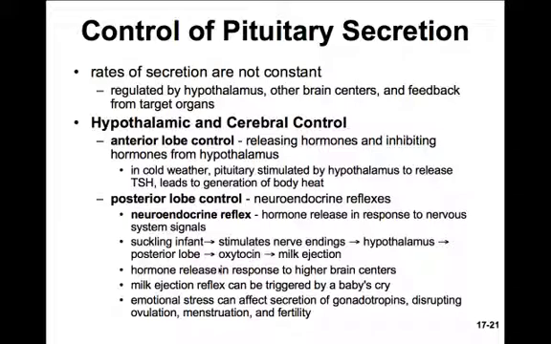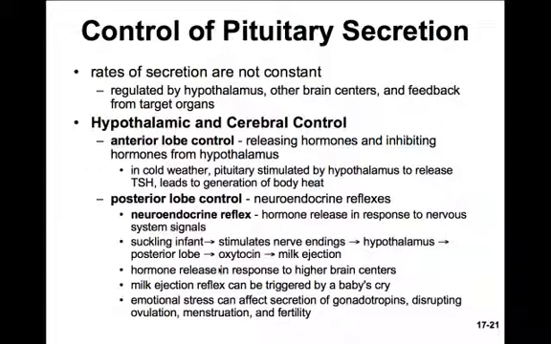So the rates of secretion of our pituitary hormones are not constant. They're regulated by the hypothalamus along with other brain centers, as well as feedback from the target organs themselves. You'll recall the anterior lobe hormones are under control of releasing hormones and inhibiting hormones secreted by the hypothalamus.